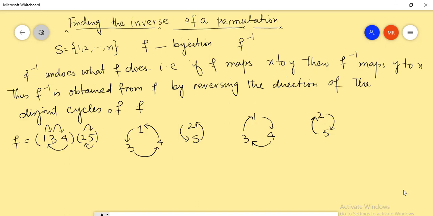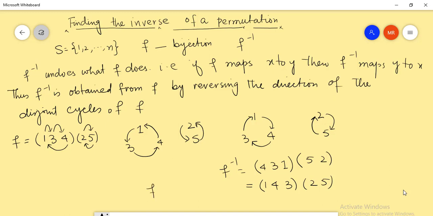Thus, F inverse is equal to: 4 is mapped onto 3, 3 is mapped onto 1, and 1 is mapped onto 4. And here we have (5 2). And once again, we can simplify this to (1 4 3)(2 5). And this is the inverse of the permutation F.